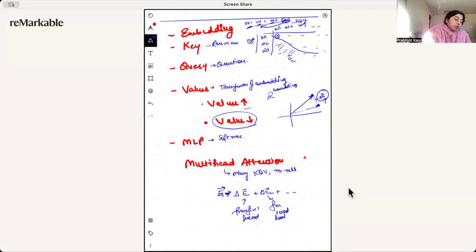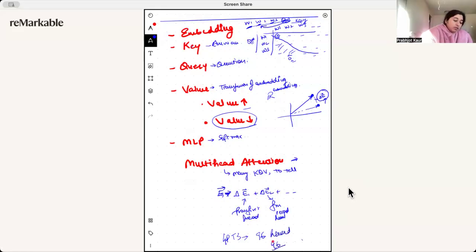Okay. So then there is multi-head attention, in which we have different sets of key, query, and values. For example, in GPT-3, we have 96 heads, basically 96 key, query, and value sets.